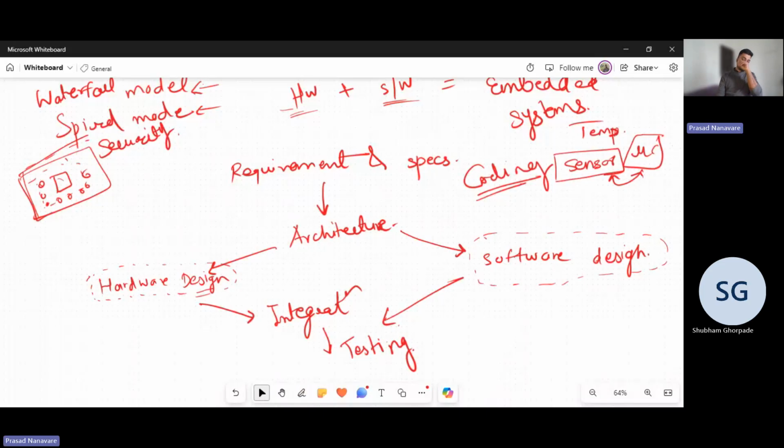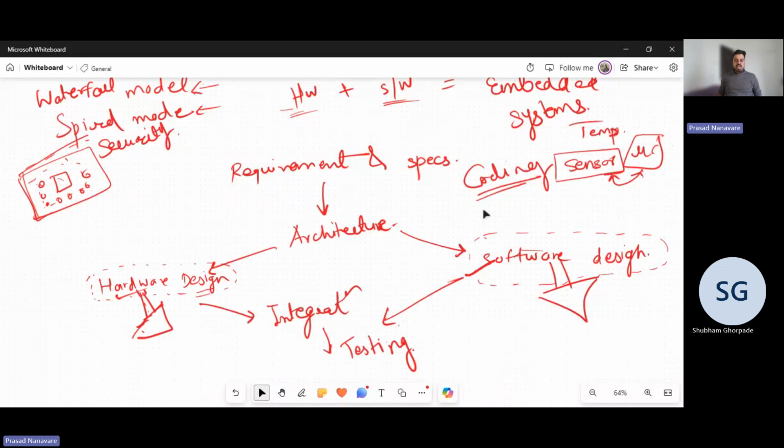So the catch here is that hardware design and software design, these two phases themselves are a huge design process, a huge design flow comes if you split this phase and this phase. But this is the embedded system design overall. We gather the requirement and specification, then we derive an architecture out of it, then we have hardware and software design teams working independently of each other on each part of the design.